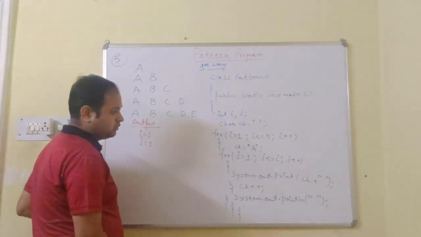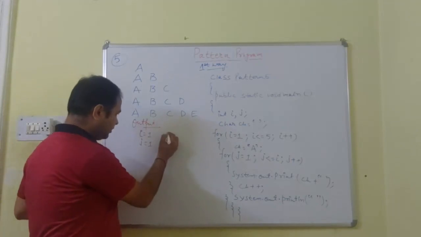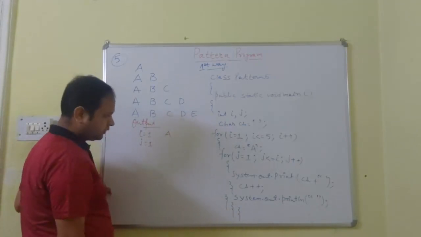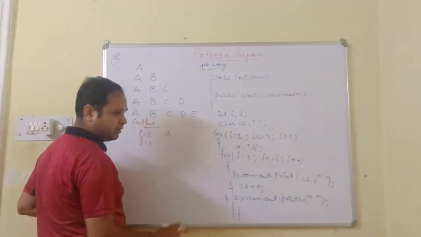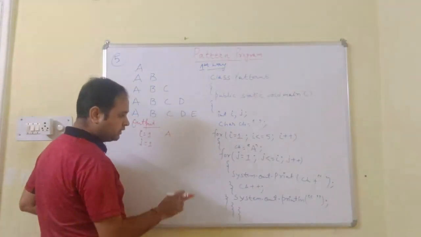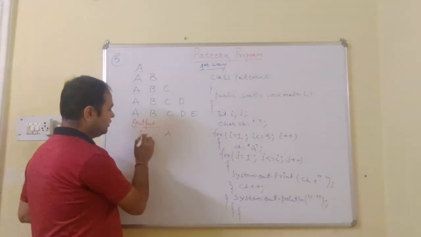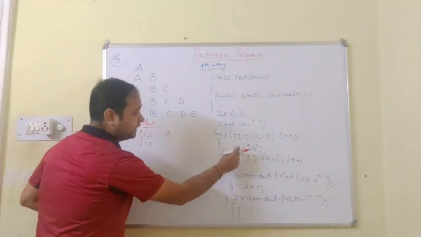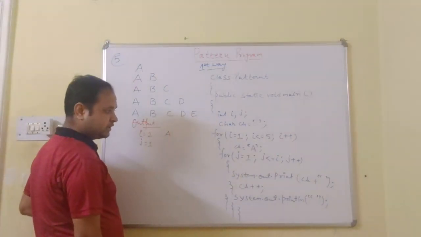The first character is a, so it prints a. A is printed. Then we have ch plus plus, which means it goes for updation and becomes b, and then the line changes and the i value is updated to 2. i value is 2. ch is again initialized with a.